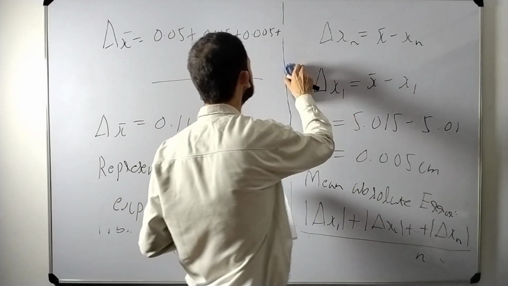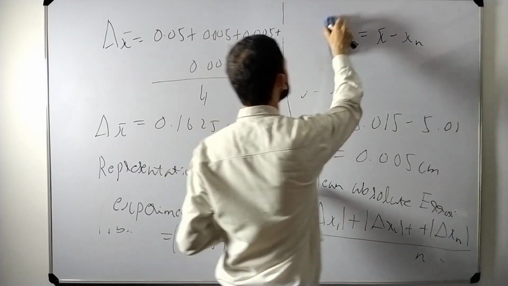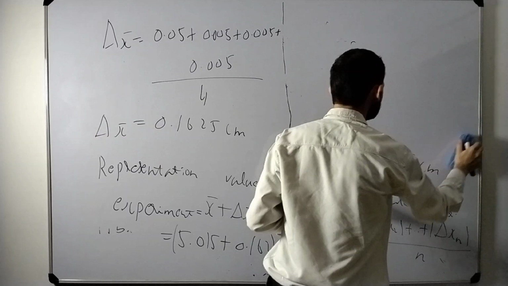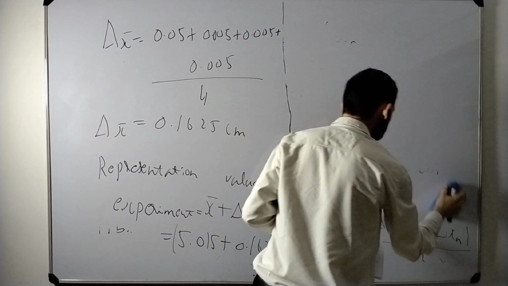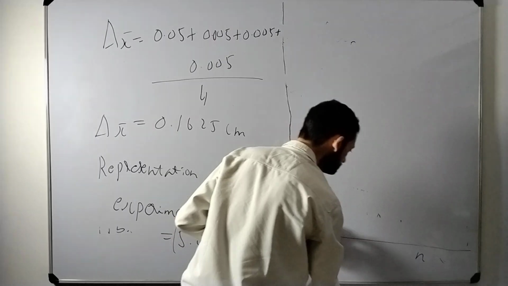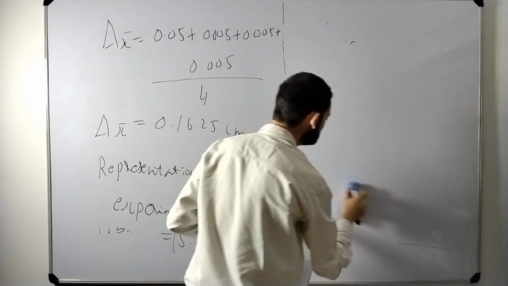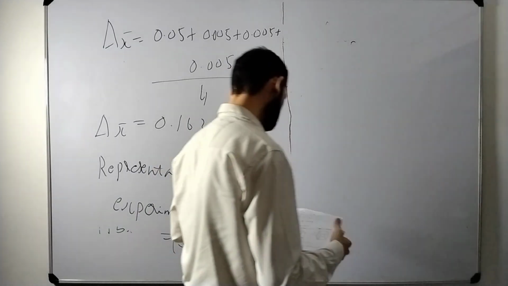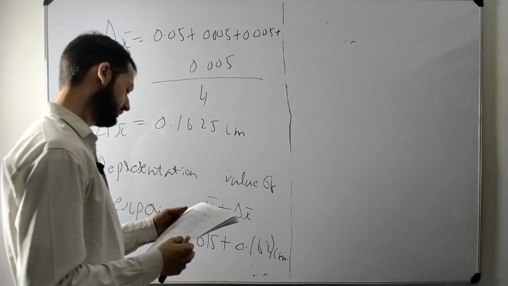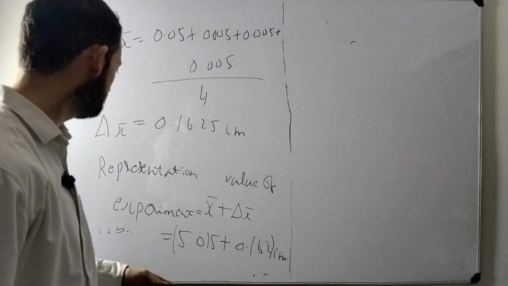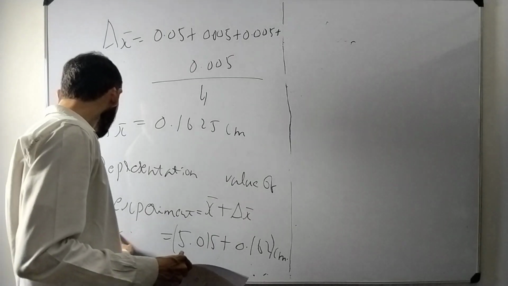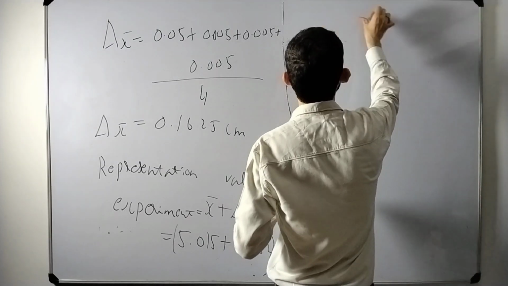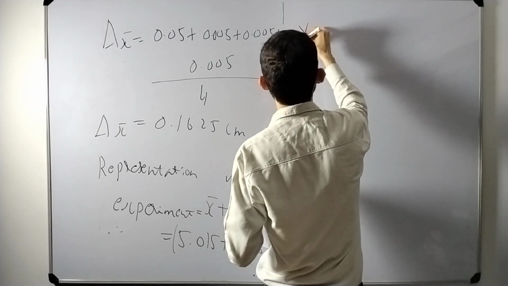And now propagation of errors. This is how you would represent a value in the experiment, and propagation of errors. So what is propagation of errors?